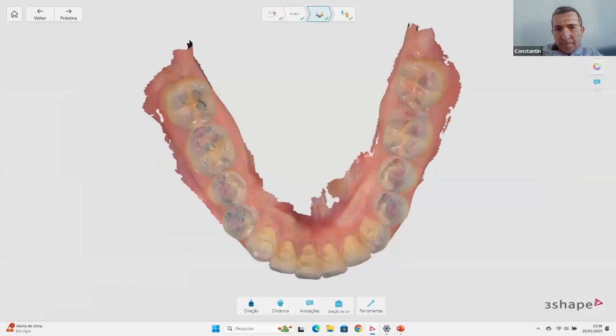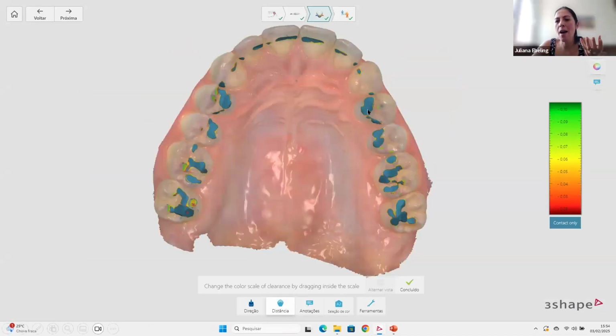Okay. And sometimes we have, for example, a situation where a patient reports that only this premolar is sensitive. He has a sensitivity on this tooth, and you ask, why? When I check with papers, it's the same distribution.